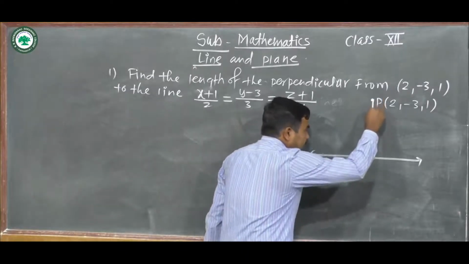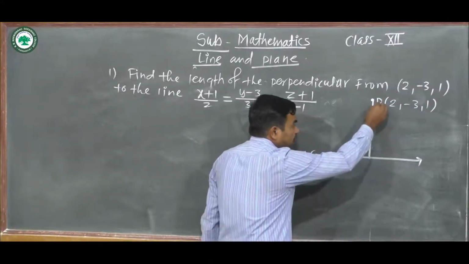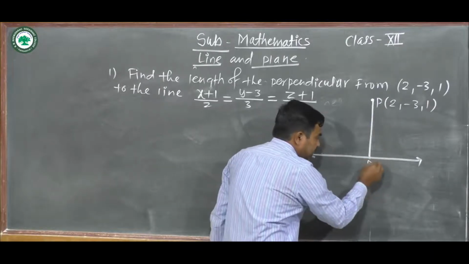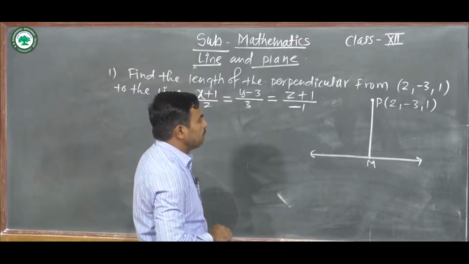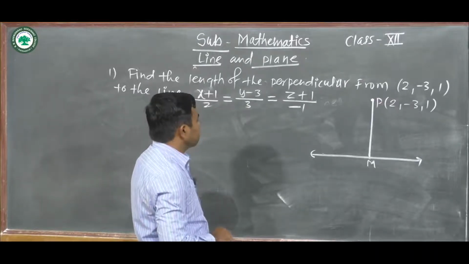This is the shortest distance, this is the perpendicular distance of the point P from the line, and this M is foot of the perpendicular.